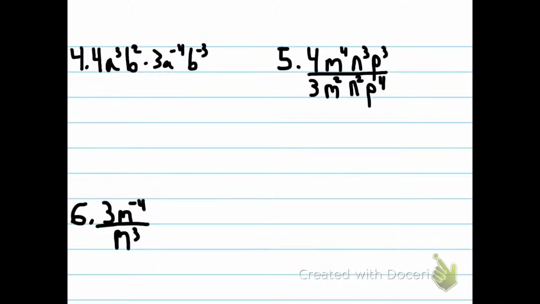For number 4, we first solve it. So 4 times 3 is 12. And then a to the third plus a to the negative 4 is a to the negative 1. And then b squared plus b to the negative third is also b to the negative 1.